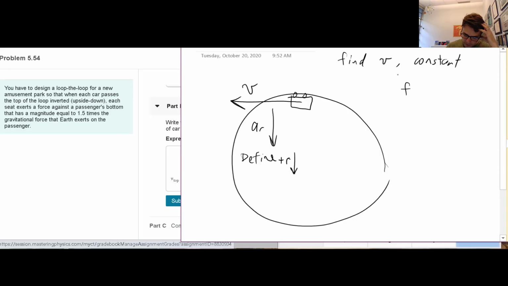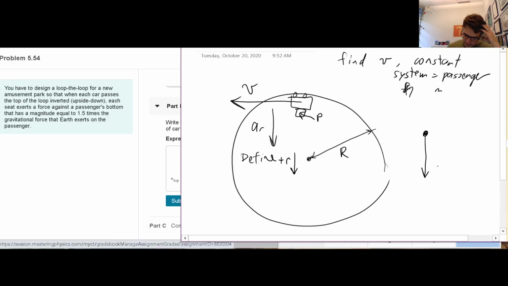And we do the force system, I guess it'll be the passenger. So there's a passenger here, P, mass M, and the radius of the curve here is capital R. Okay, so let's draw the force diagram of the passenger. First of all, there's going to be the force of the Earth on the passenger.